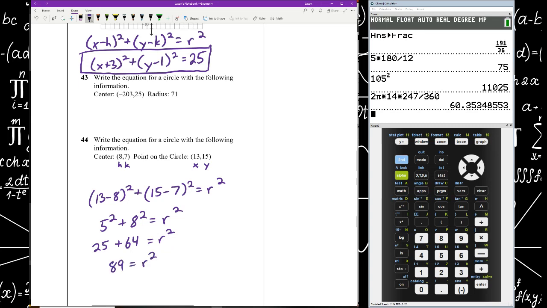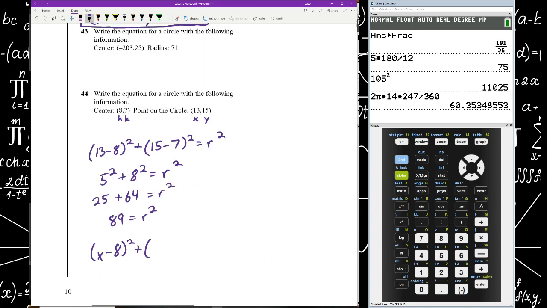So now we have an r squared. All we have to do is take the x and y back out, and we've got (x minus 8) squared plus (y minus 7) squared equals 89. There is your final answer.